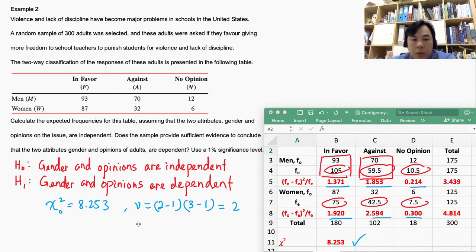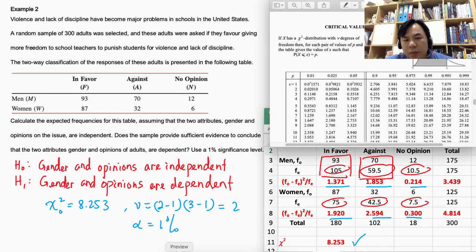And then our significance level is 1%. Now we're going to pull out our chi-square table to see whether our critical chi-square is greater than or smaller than the observed chi-square here. 1%, we should be looking at 99, so 99% under degree of freedom of 2.